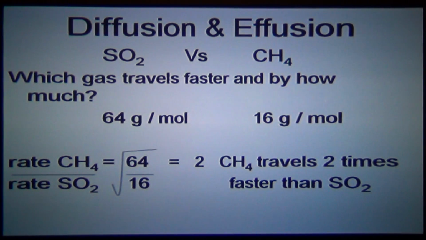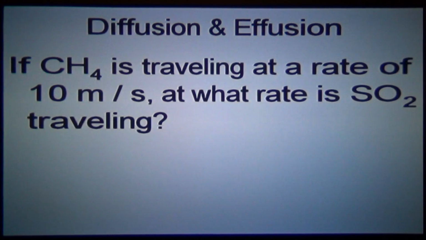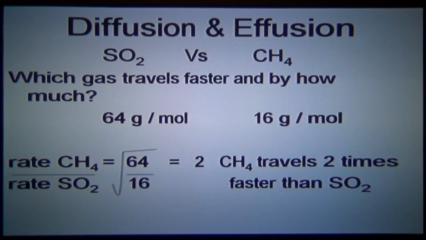Now that we have this information, now that we know that methane is traveling twice as fast as the sulfur dioxide, we can answer the following question. If methane is traveling at a rate of 10 meters per second, then what's SO2 going to be traveling at? Well, we already know, based on the previous calculation, that methane is traveling twice as fast as the SO2.